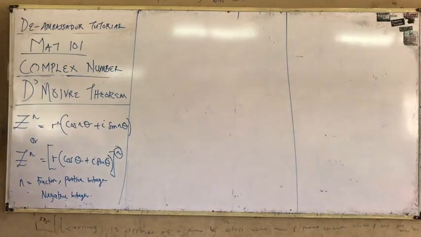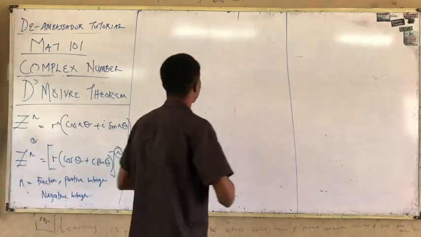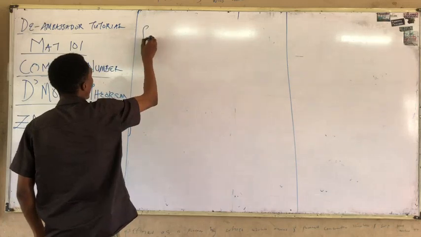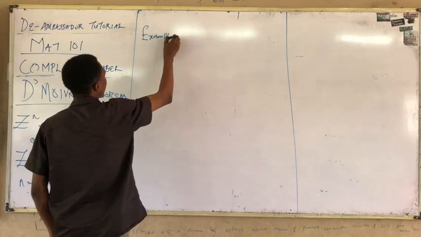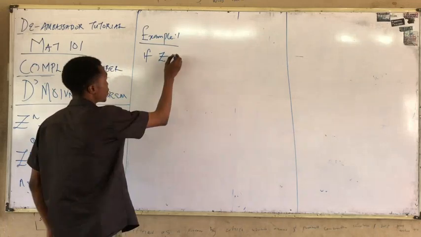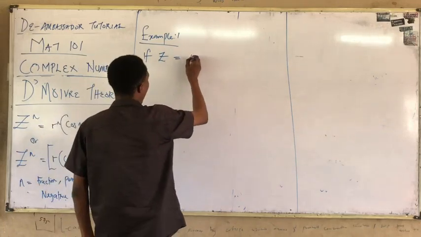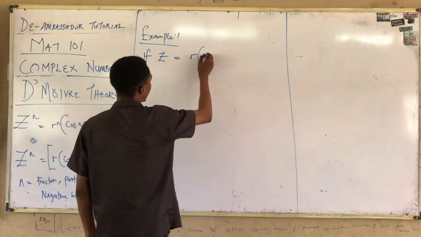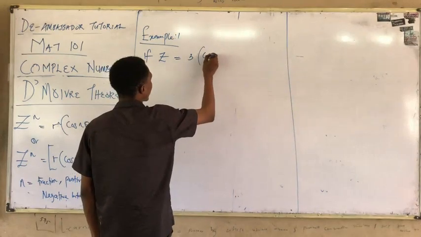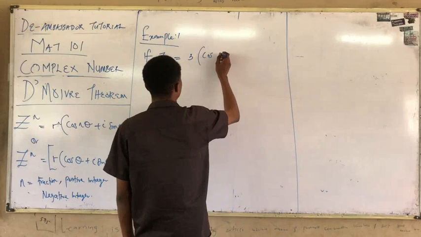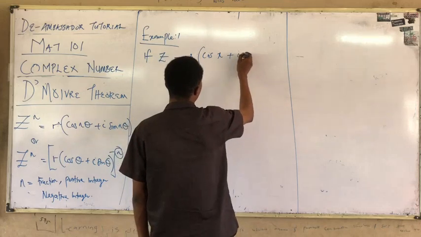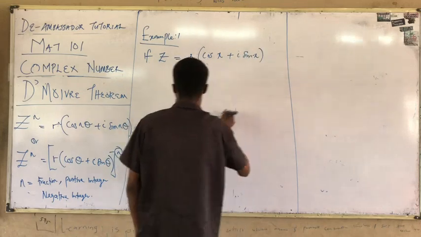Let's give an example. Example 1: if z is equals to 3 (cos x plus i sine x).